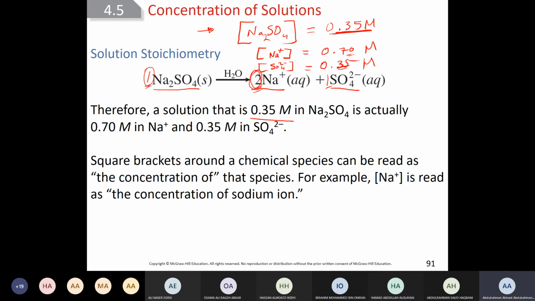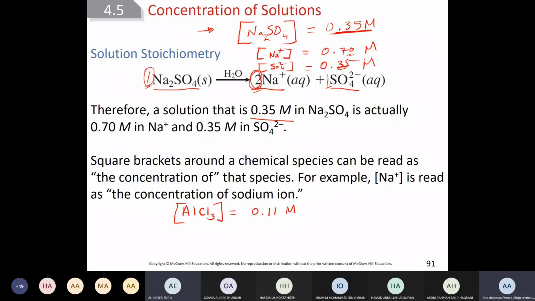All right. Let me give you some other examples. Let's assume that I have AlCl3, and let's assume that this one is 0.11 molar. Okay, what do you read? The concentration of the compound equals 0.11.